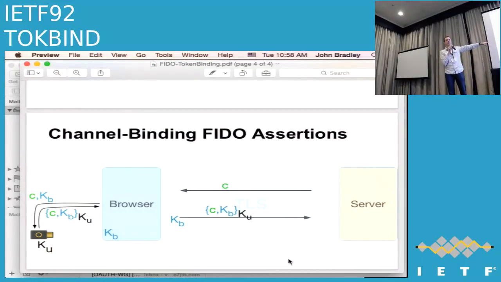But what happens is that as the server's JavaScript says, hey, I want you to sign a challenge, the browser will actually send the challenge to the authenticator along with the token binding key, KB, that it uses to speak to the server. And so the assertion that the authenticator generates actually includes the challenge and the token binding key. It's very similar if you think about a federation use case, where this would be the IDP.